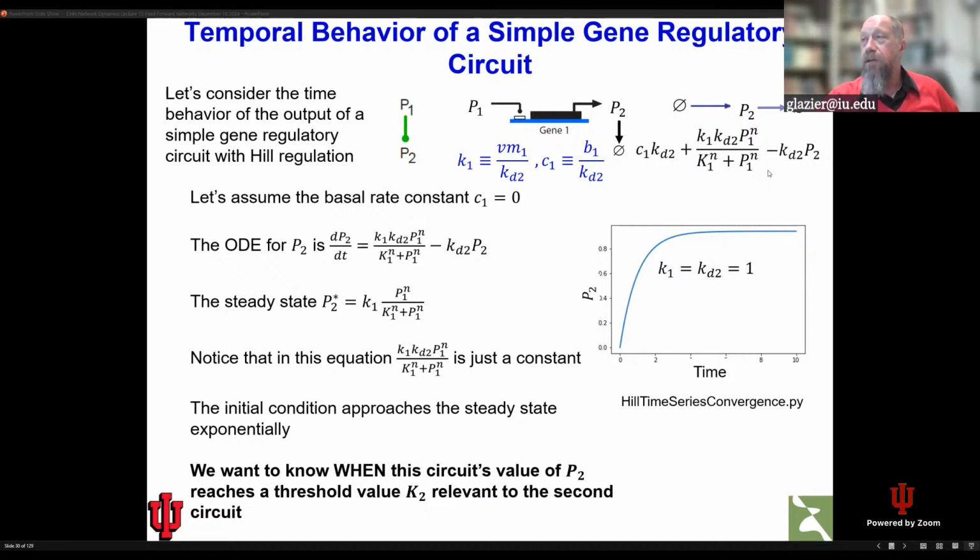P1 divided by K1 plus P1 to the N here is basically just a constant because P1 isn't changing. And so this is essentially dP2/dt is a constant minus KD2 times P2, which is just exponential relaxation. What we would want to know, if we're going to connect this to something else, is at what time does the value of P2 reach K?